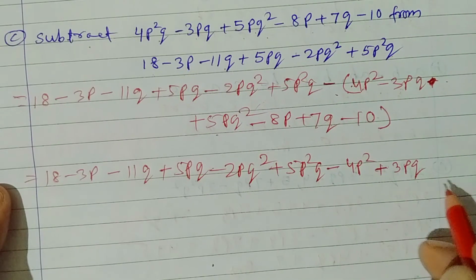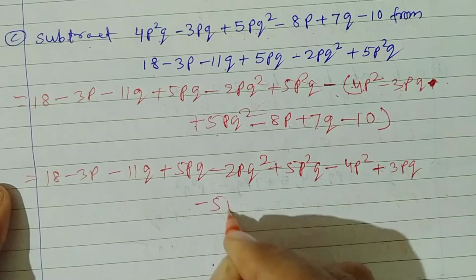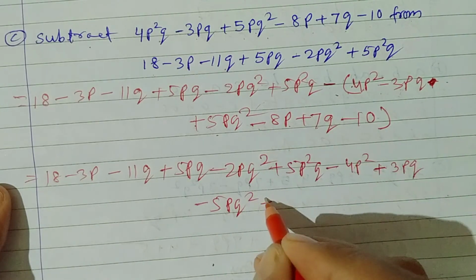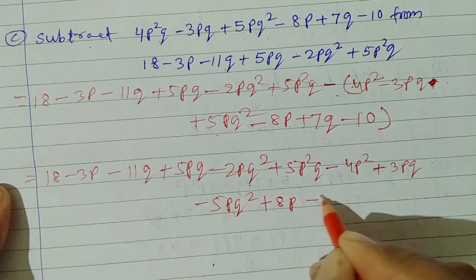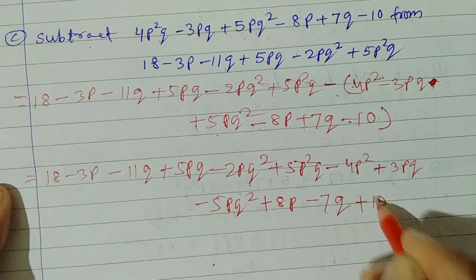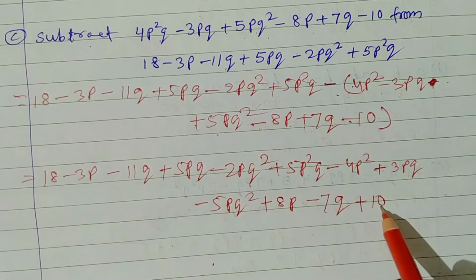After that, minus plus minus 5pq square, minus plus 8p, minus plus minus 7q, minus plus 10. So we change the sign.